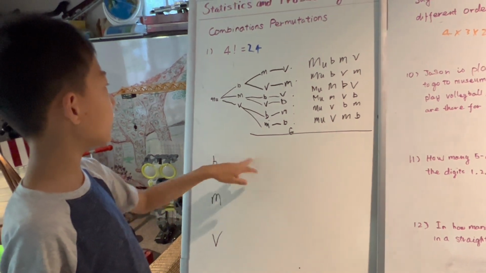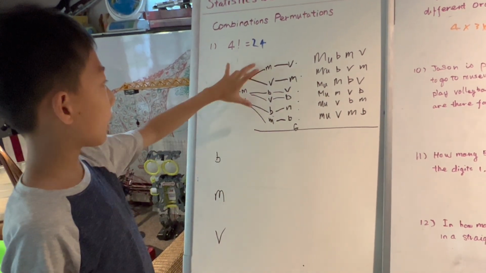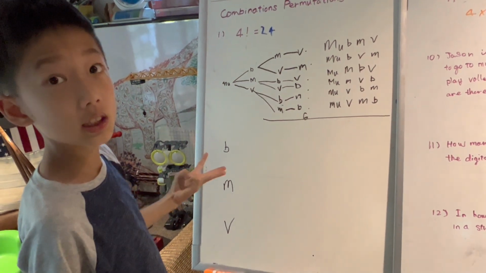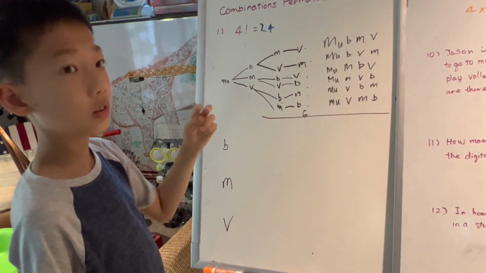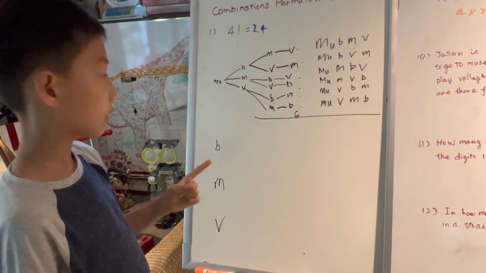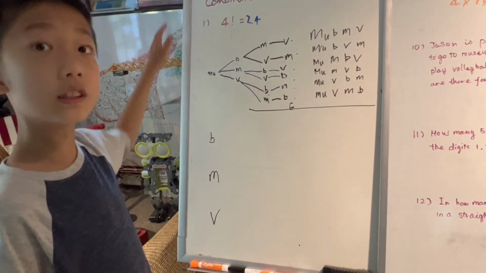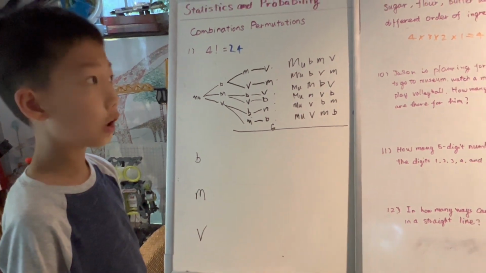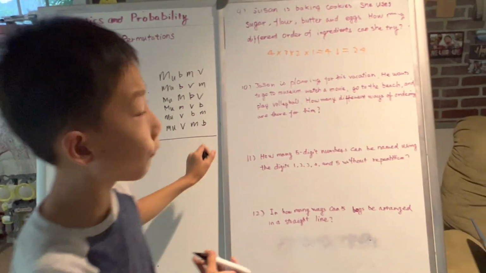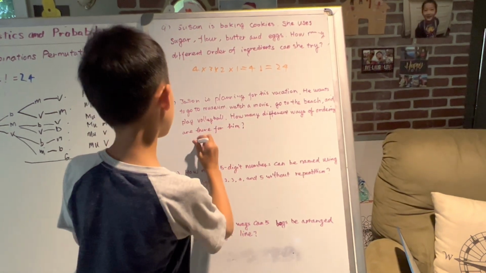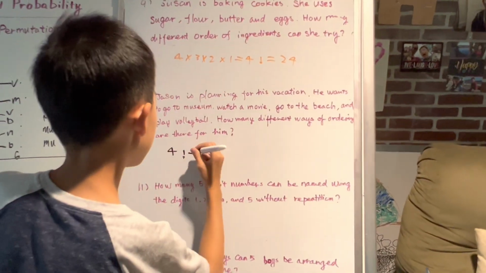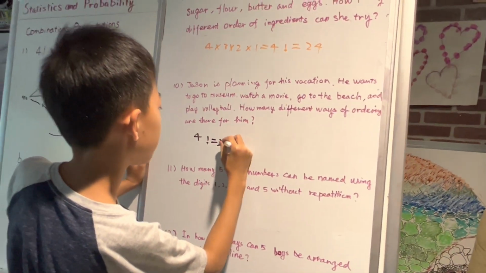It's still the same. We could start with any of these 4, so it's still 4 factorial. So 4 factorial equals 24.